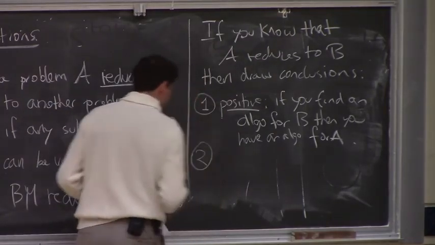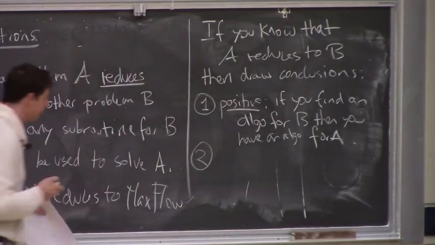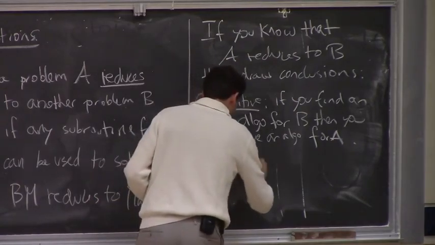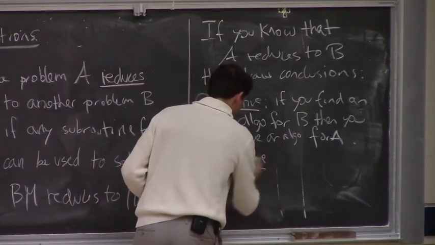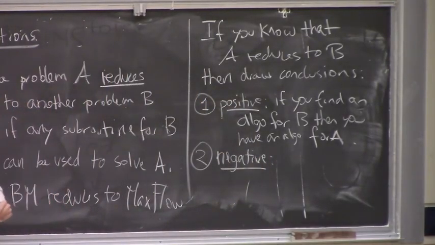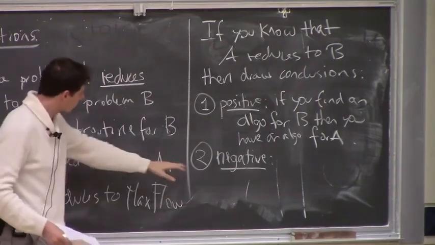A more subtle conclusion is a negative one, which is used most often in complexity theory, because when we quickly move and study problems beyond efficiently tractable ones, all we can do is establish relations. So we're not actually talking about algorithms that we have.